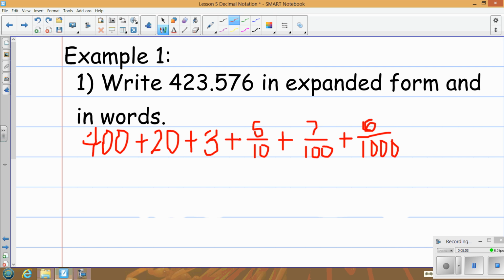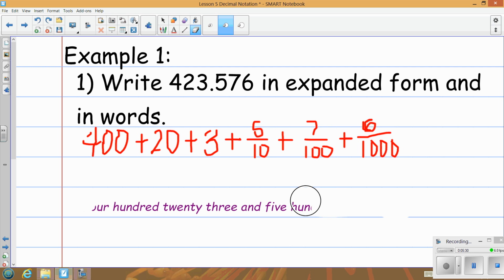The next piece is in words. After having the expanded form, it kind of helps you come up with it in words. So we have 423 and 576 thousandths. My decimal place here for the 6 is in the thousandths position. So that means when we end our statement, we're going to say thousandths.